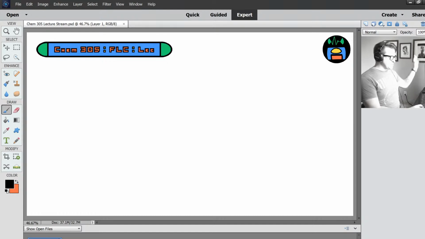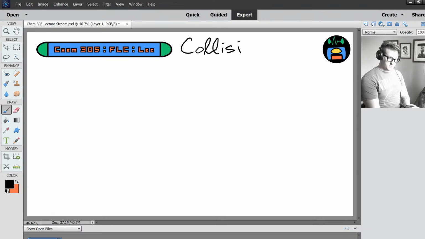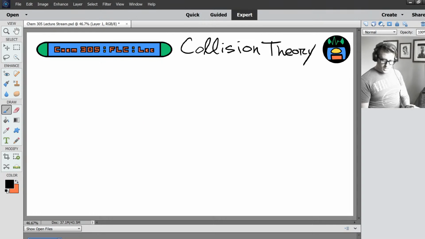We wrapped up our discussion on Thursday of redox reactions, and we'll be finishing, hopefully, or coming close to finishing chapter 9 today, and it begins with a discussion of collision theory. Collision theory is a very important concept in the field of chemistry, and it has a very simple premise.